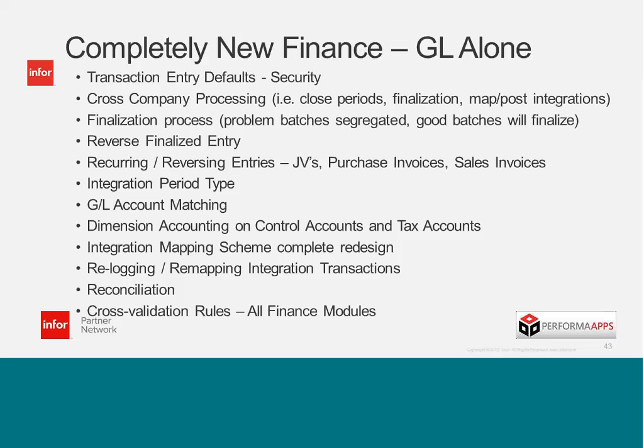The problem was that you couldn't dimension your control accounts, which is your AP and your AR, and you couldn't do tax all the way, and you couldn't do retained earnings. So they've changed that now so that you can really get a full divisional balance sheet as well as a P&L.